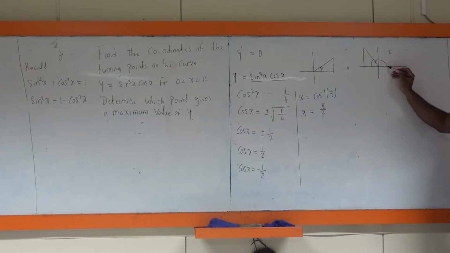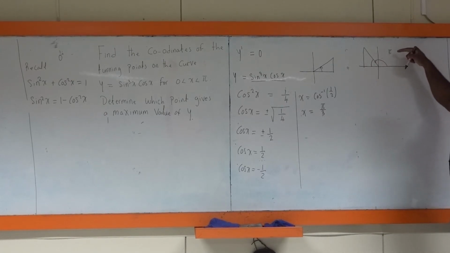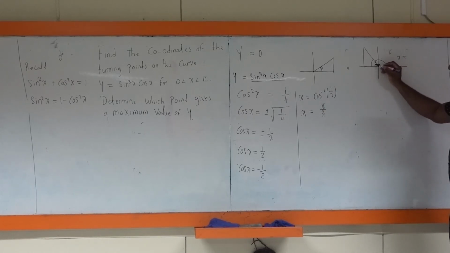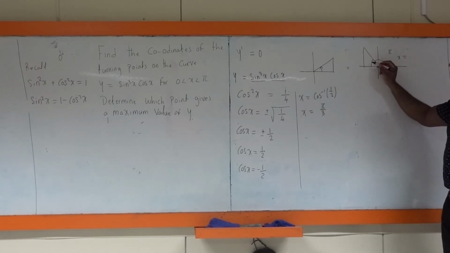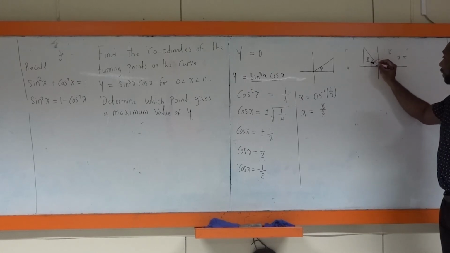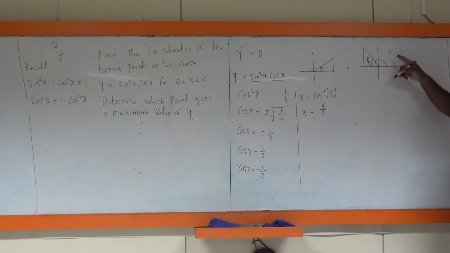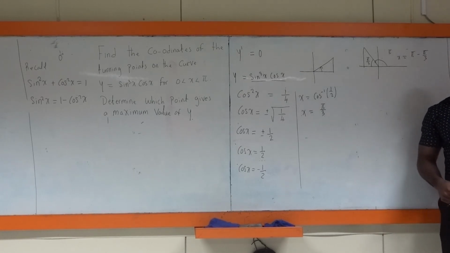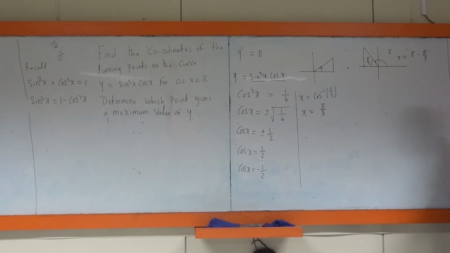So since my angle right here is obtuse, the second value of x must be equal to pi minus this acute angle, which is pi over 3. Pi minus pi over 3 should be the second value of x.